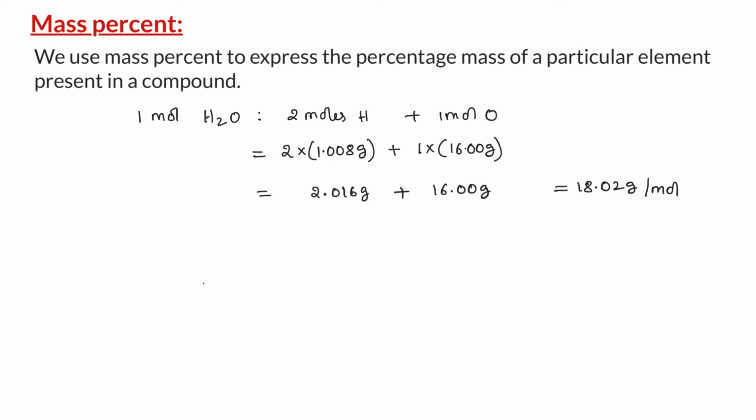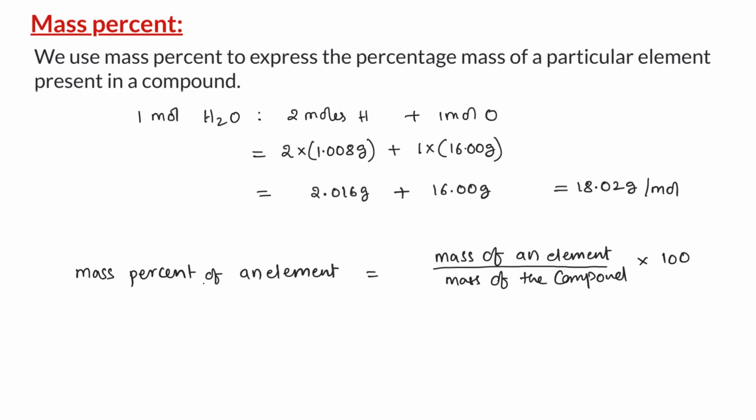As we can see, oxygen is the major contributor to the mass. We can express these proportions in terms of mass percentage of an element. Mass percentage of an element is equal to mass of the element divided by mass of the compound times 100. Let us calculate the mass percentage of oxygen in water.